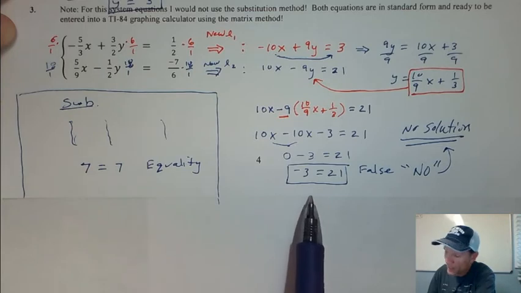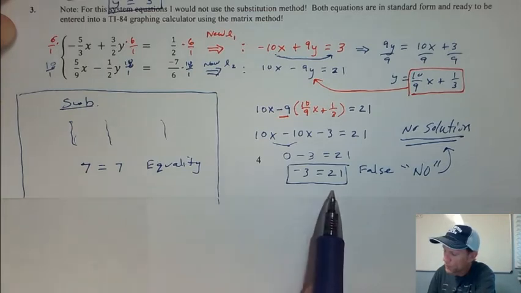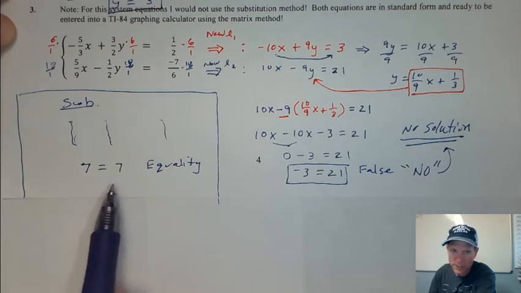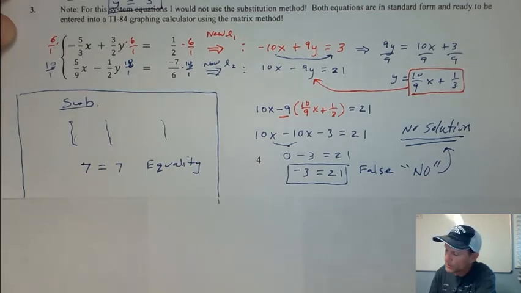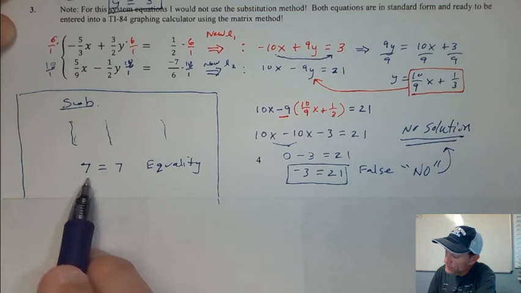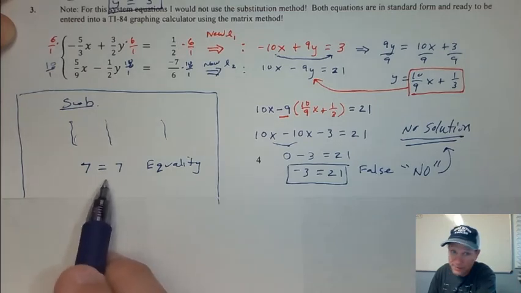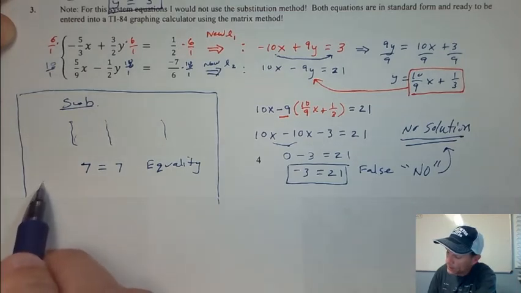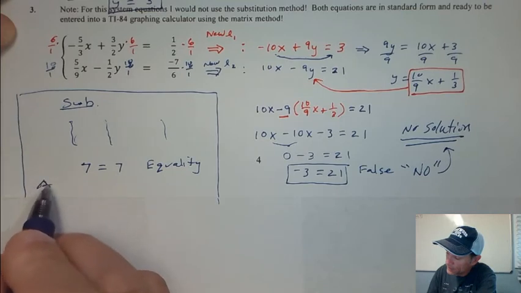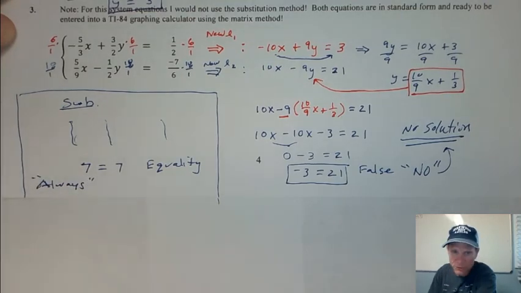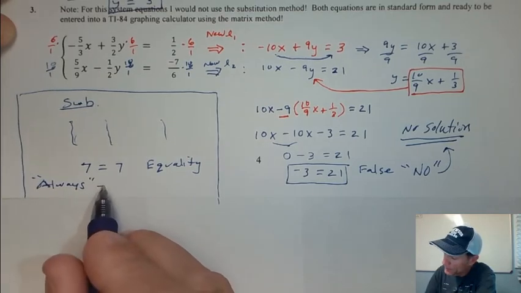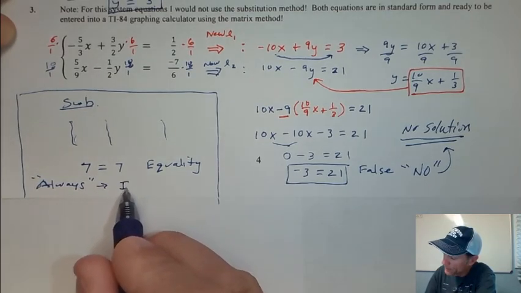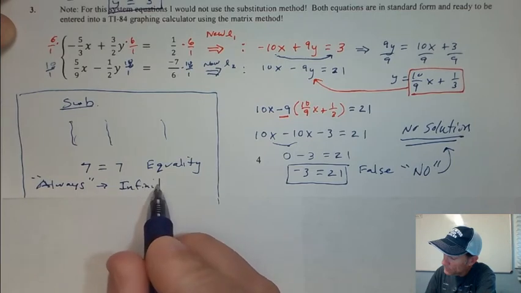So maybe we would have gotten 21 equals 21 here. We'd hopefully realize that's a strange case and there's no variables present, okay? And this is always true, okay? 7 equals 7. And so I think of that as, okay, this is always true. And what kind of associates with always? That leads me to the logic infinite solutions.